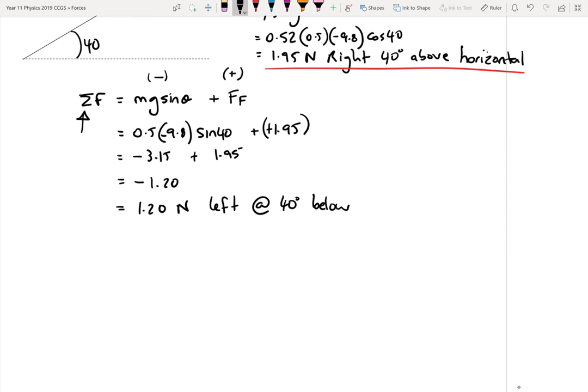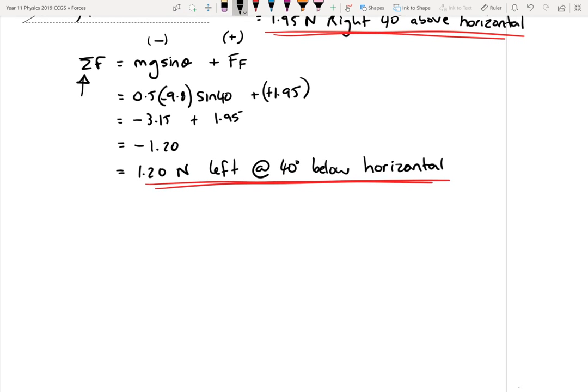And then again, you use Newton's second law. You can find the acceleration.